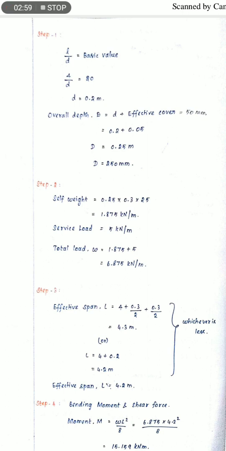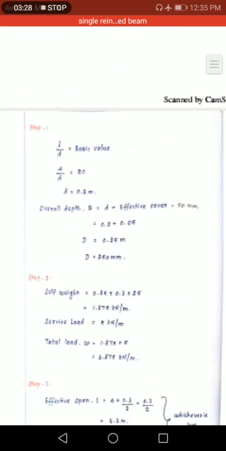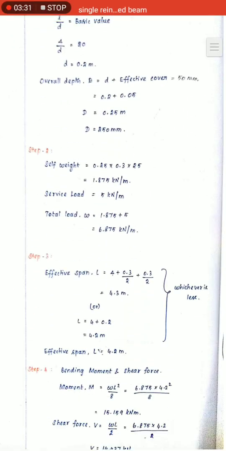If you want to find the self weight of any member, it is B into capital D into unit weight of RCC, which is 0.25 into 0.3 into 25 equal to 1.875 kilonewton per meter. Then service load or live load equal to 5 kilonewton per meter, which is given in the problem. Therefore total load W equal to 6.875 kilonewton per meter.